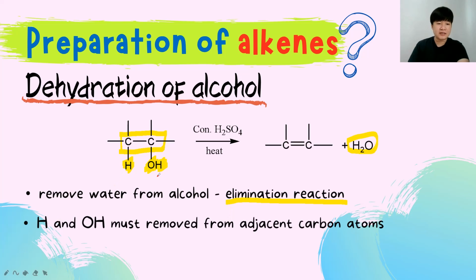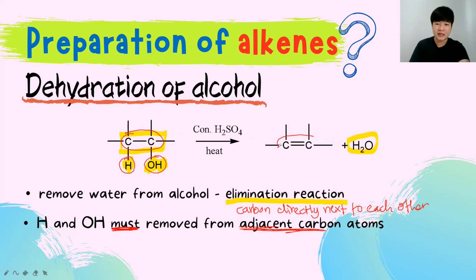I want to remind you again that the OH and the H must be removed from the adjacent carbon. What is meant by adjacent carbon? Carbon that is directly next to each other. So the adjacent carbon that I always say means that we must be taking the neighboring carbon, the carbon that is directly next to each other, because your double bond must be like this. Alright? So when you remove the OH, we only check the carbon on the left, on the right, or on the top.